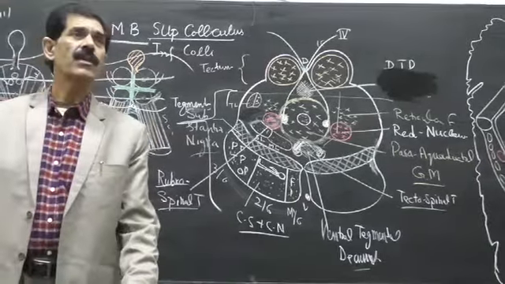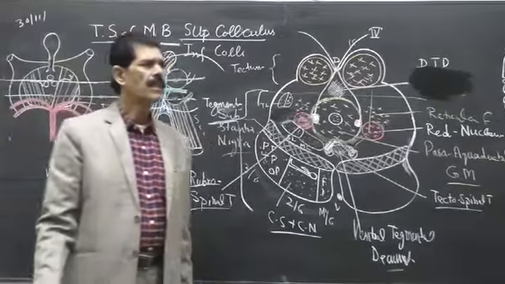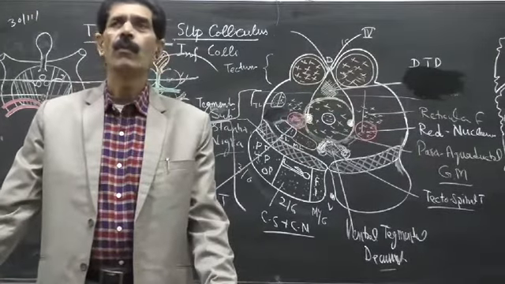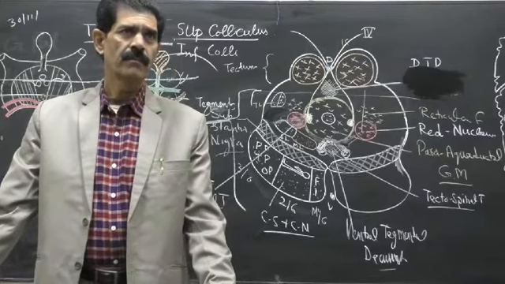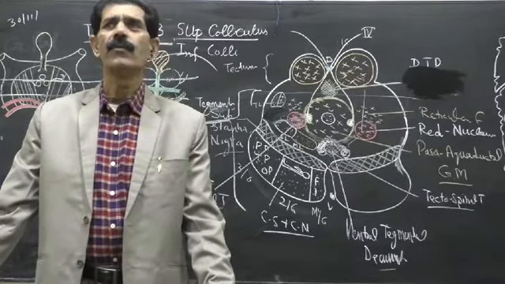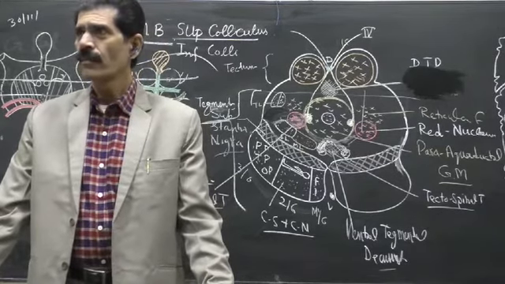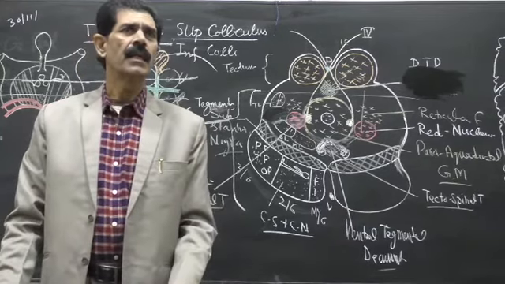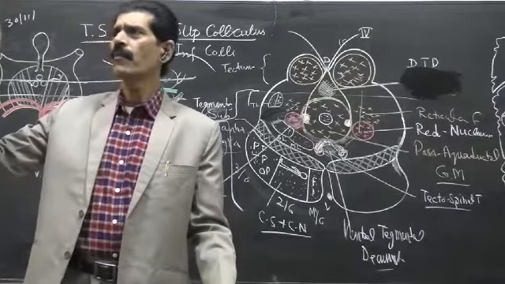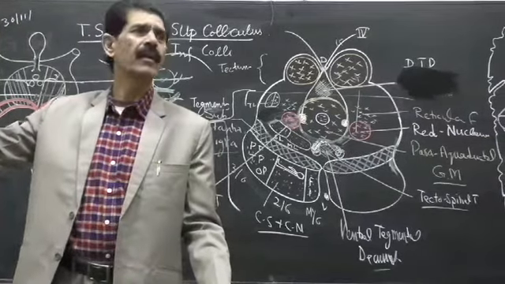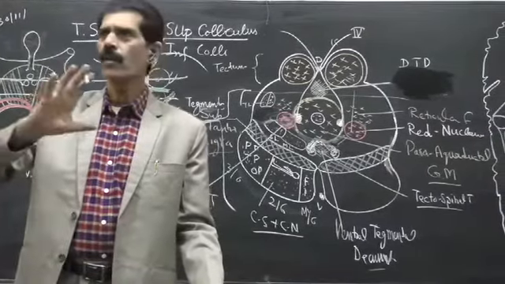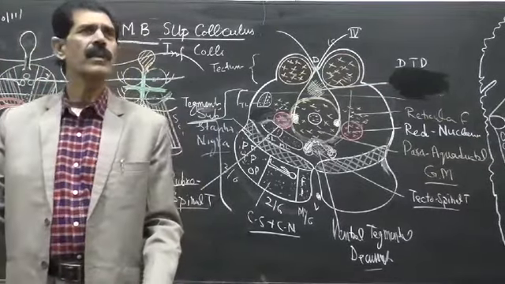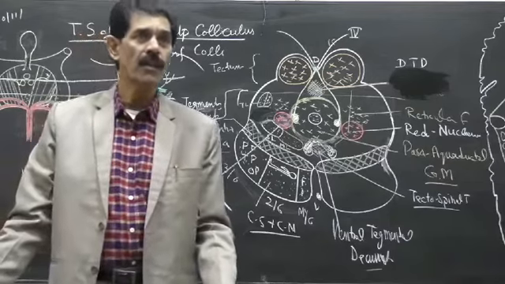And the function of this is the movement of the eye towards the visual stimulus. So if we are walking in the dark at night and suddenly there is a flash of light somewhere, then automatically our body as well as the eyes move towards the source of the light, which is called the visual stimulus.